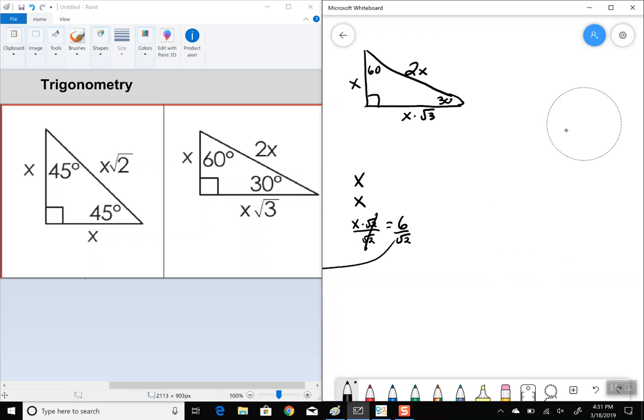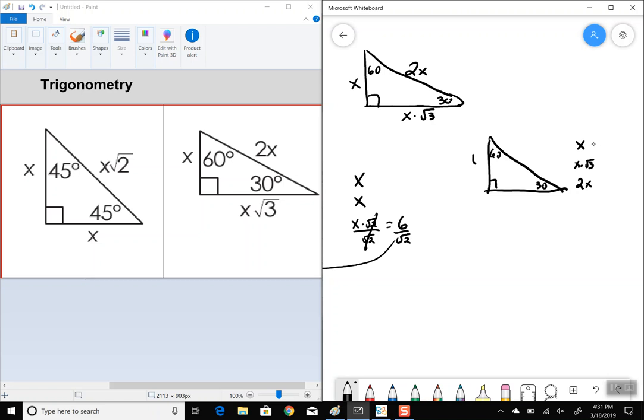Just to give you a quick example, let's say I know that the smallest side is 1, and I know I have a 30, 60, 90 triangle. Then the ratio, going in order from smallest to biggest, is always x, then x times the square root of 3, and then 2x.